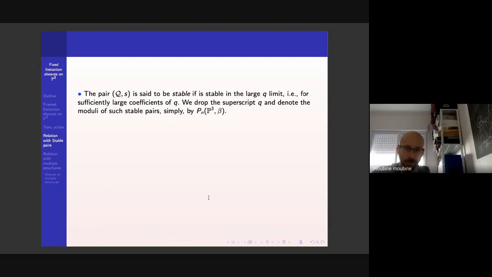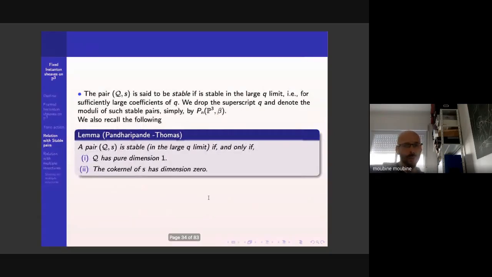Okay, so there is also this characterization of these pairs. A pair is stable in the large limit if and only if F has pure dimension 1 and the cokernel of the section has dimension 0.